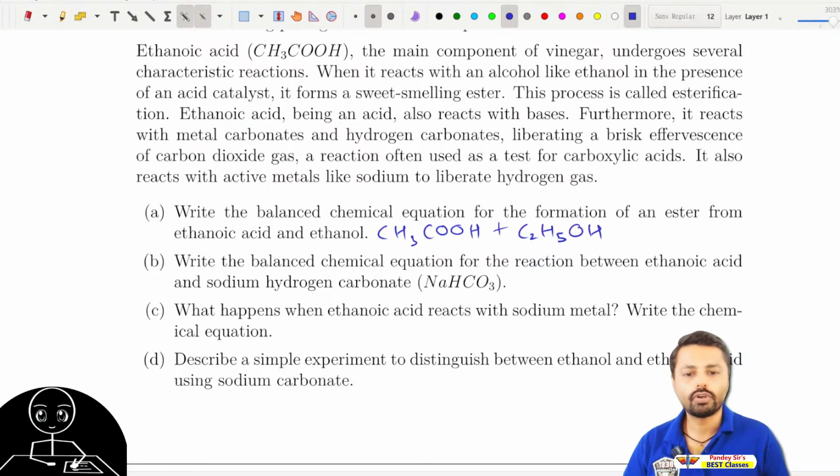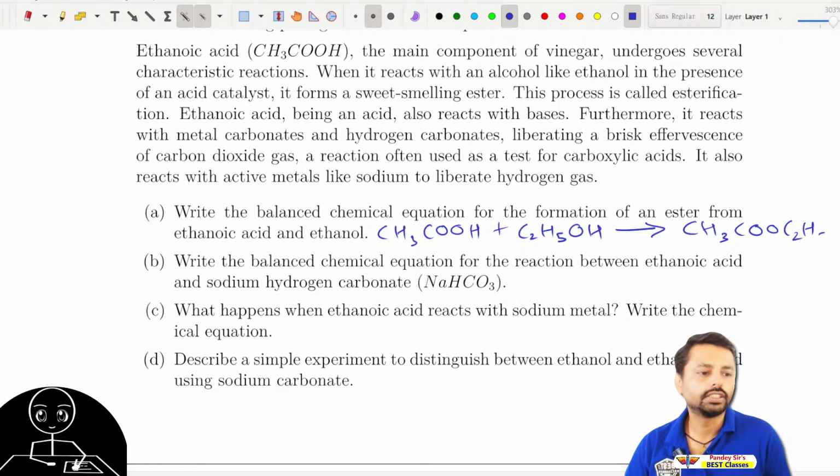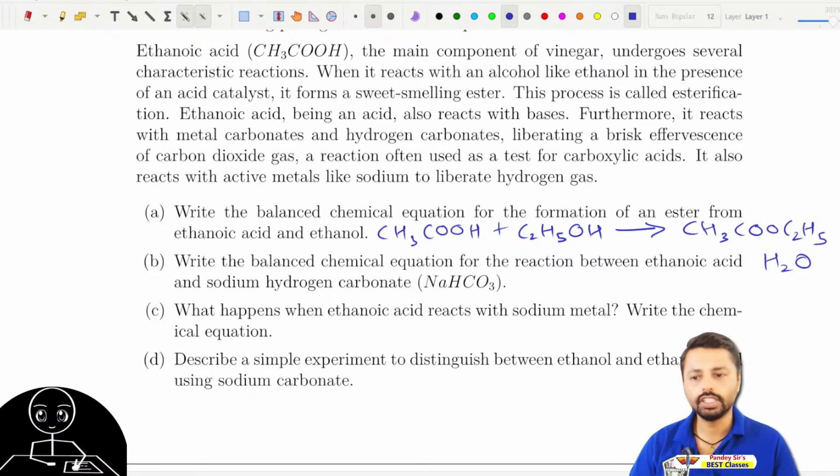From these we have to form ester. So it should be CH3COOC2H5, and we have remaining H2O. So H2O. This is the balanced chemical equation. All are liquid in this one.